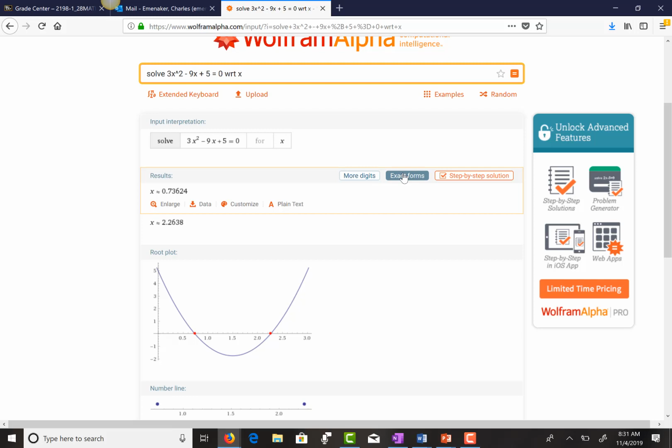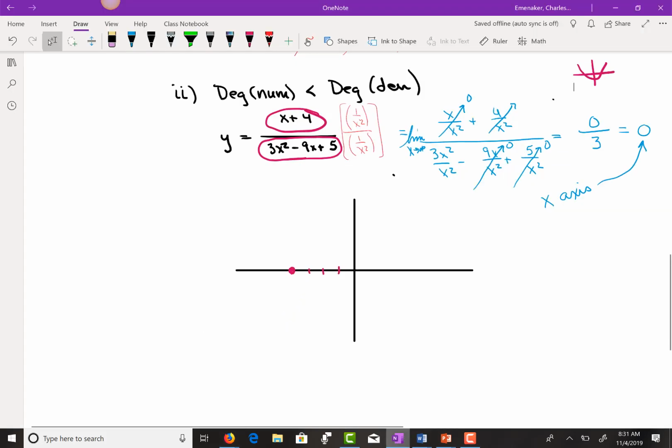Now, remind me again, what do those two numbers give us on our graph? We've got these two numbers, 0.74 and 2.26. What do those numbers mean? Those are places where the denominator is 0, and if the denominator is 0, you have a vertical asymptote.